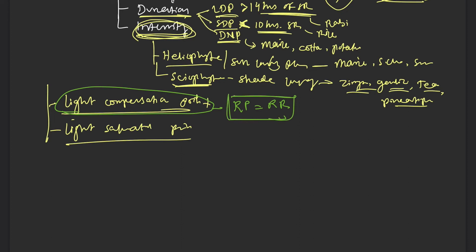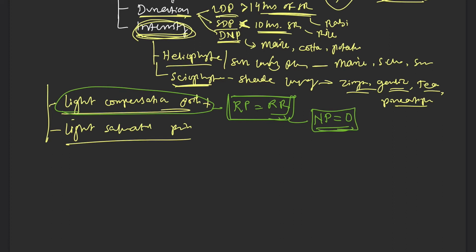At that light intensity, the net photosynthesis will be 0, because whatever photosynthesis gain we are having, that is utilized by respiration. So net photosynthesis will be 0.